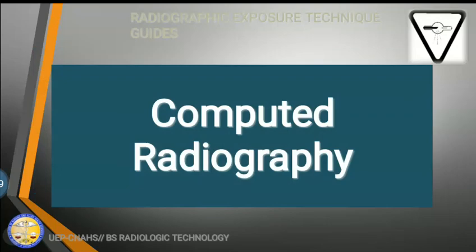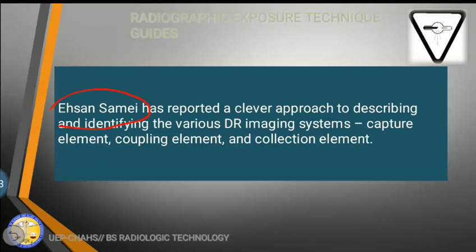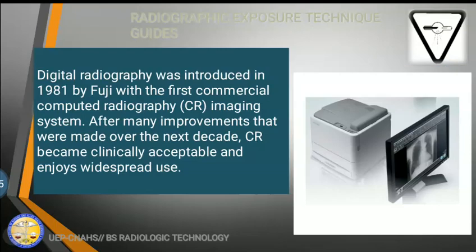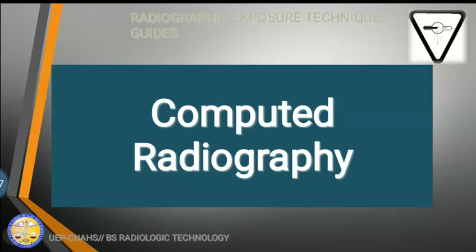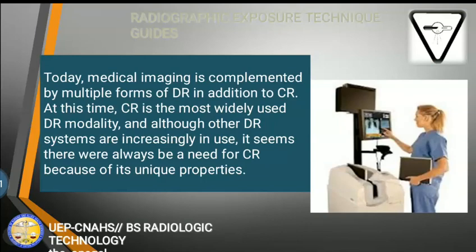Okay, so according to Isan Sameh, the categorization of DR varies. First, the category is computed radiography. Today, medical imaging is complemented with multiple forms of DR in addition to CR. So one form of DR is computed radiography.